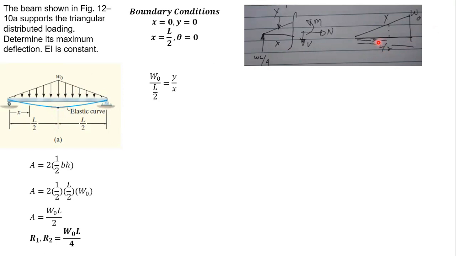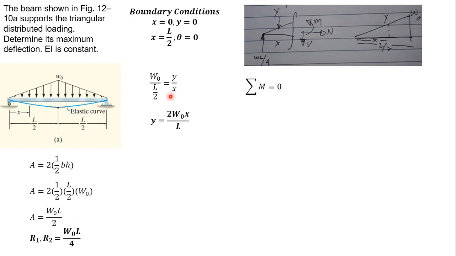Magkakaroon tayo ng similar triangle na at length x, meron tayong height na y. Apply lang natin yung concepts ng similar triangle. So W sub 0 divided by L over 2 is equals to y over x. Solving for y, ang makukuha natin is 2W sub 0 times x divided by L.